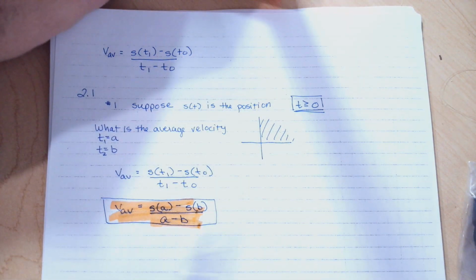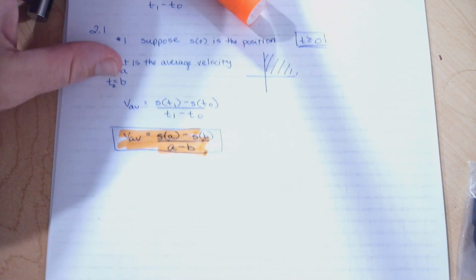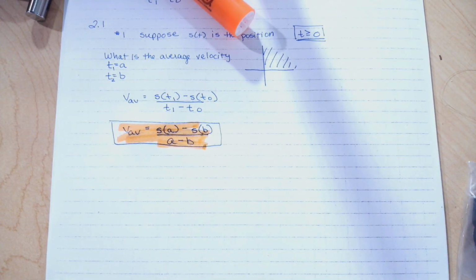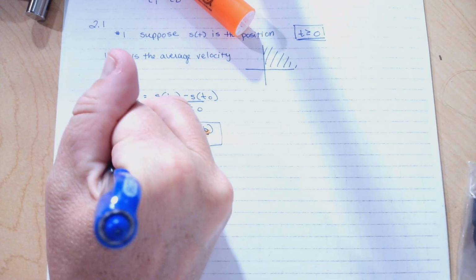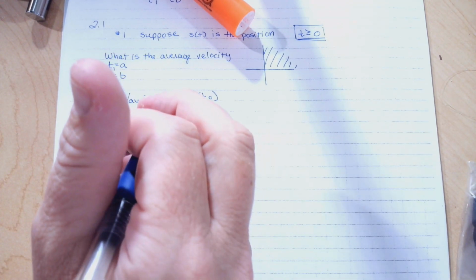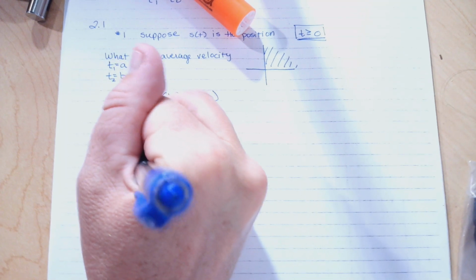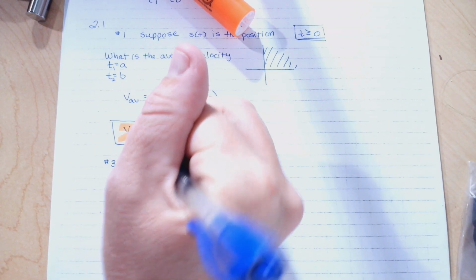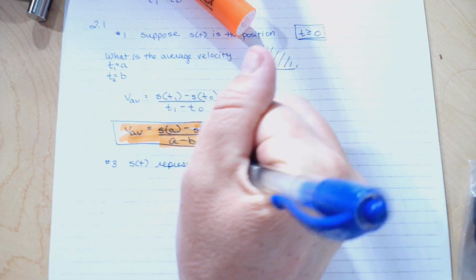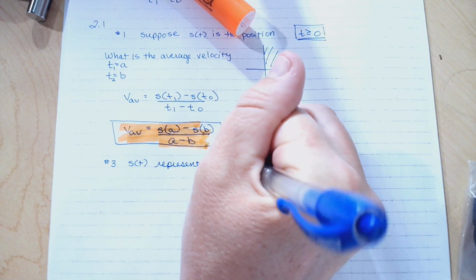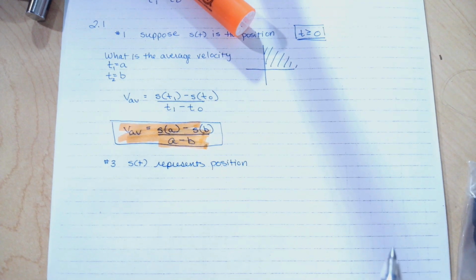Okay, let's move on and do another one. I'm going to do number 3 here. It says the function s of t represents the position, of course, because we keep doing change in position over change in time.